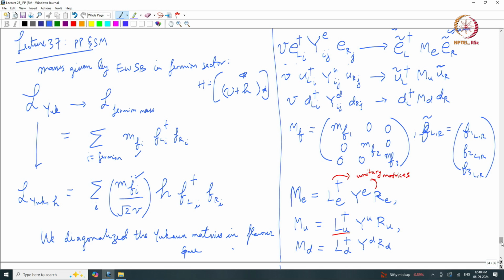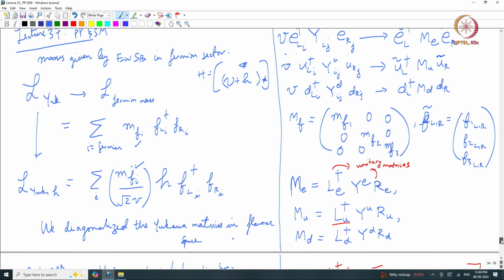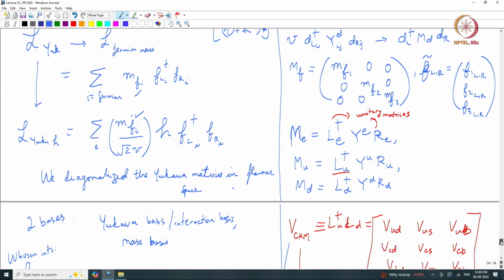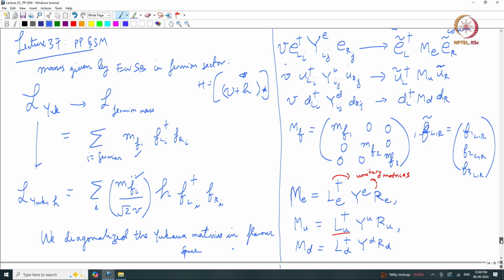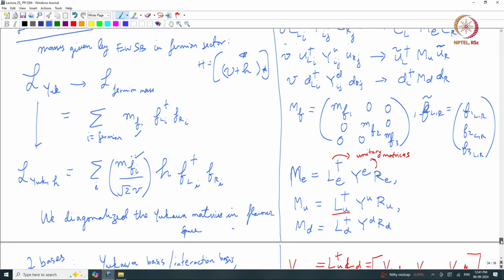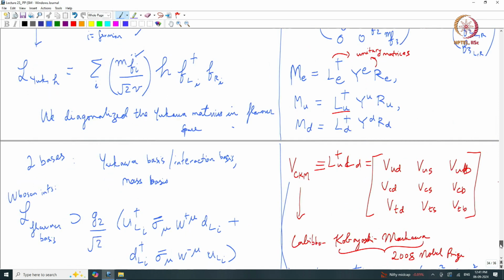We do not call an up quark put together with a charm quark the up quark mass. We call it a mass only when it is an up quark and an up quark. So we have to go to the diagonal basis, and we needed some matrices to rotate the fermion fields in flavor space, which also helped us diagonalize the matrix, and that is what we have written down here.